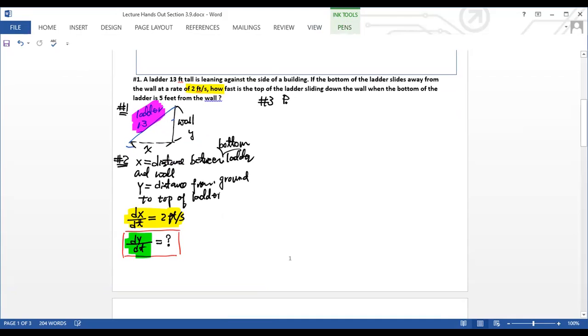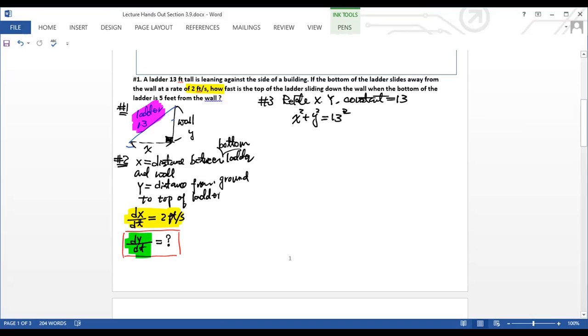I'm able to relate x, y, and the constant, which is 13. This is a super easy one because the wall is at a right angle, so I can see this is a right triangle. So what is the relation here? You can say x squared plus y squared is equal to 13 squared.